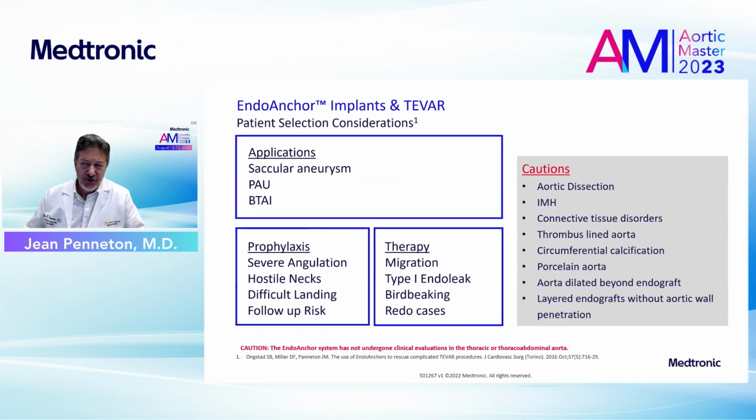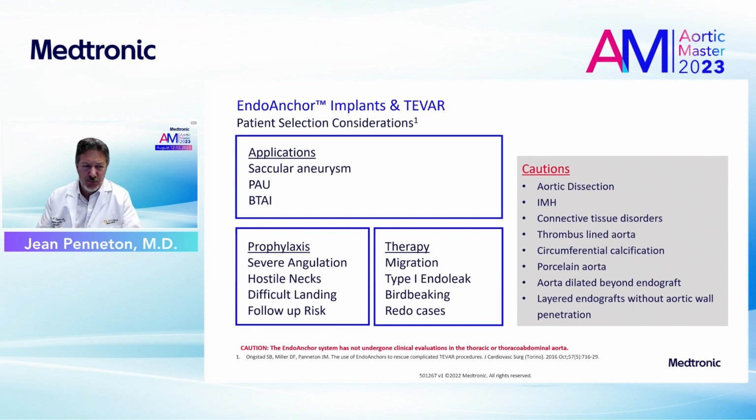So when we consider using EndoAnchor implants in TEVAR, it really has multiple applications, pretty much all aneurysms, all PAUs, as well as traumatic transection patients. We use those EndoAnchors in two modes, either prophylactically or therapeutically.